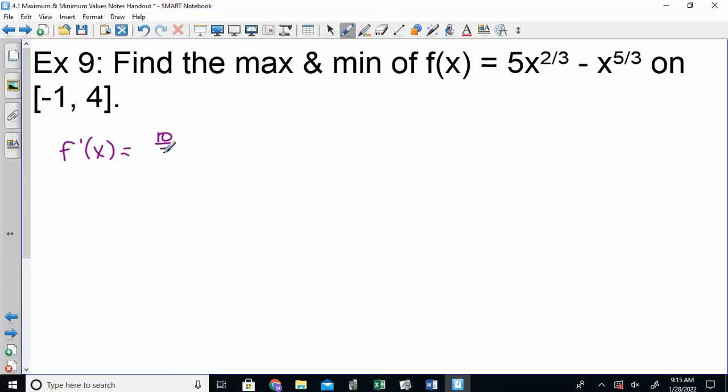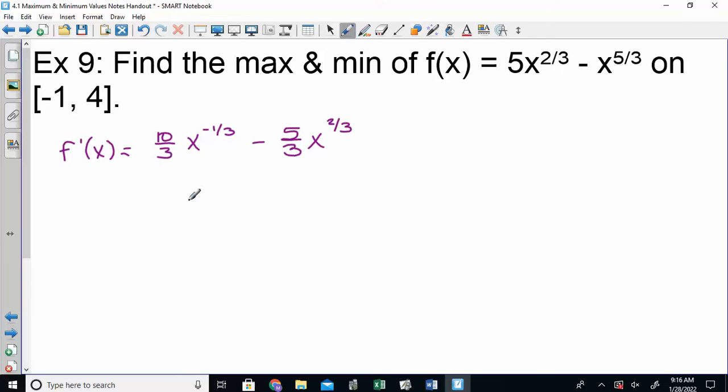So 5 times 2/3 would be 10/3 x. What's 2/3 minus 1? 2 over 3 minus 3 over 3 is 1 over 3. Minus 5/3 x. 5 over 3 minus 3 over 3. All right. How about, let's factor out.